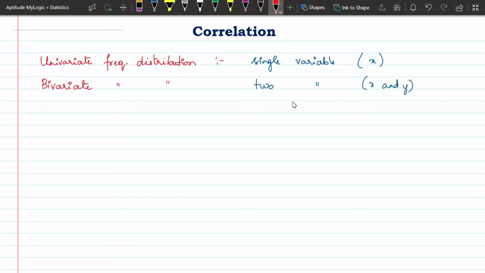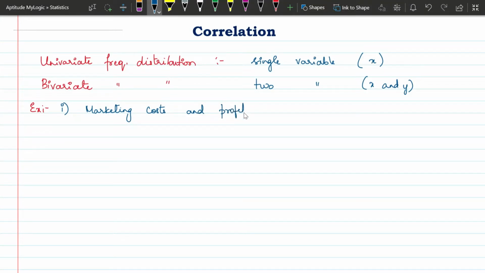Now let us see what situations come under this bivariate frequency distribution. Say I have to study how change in one variable affects the other. For example, the relation between marketing cost and profit.